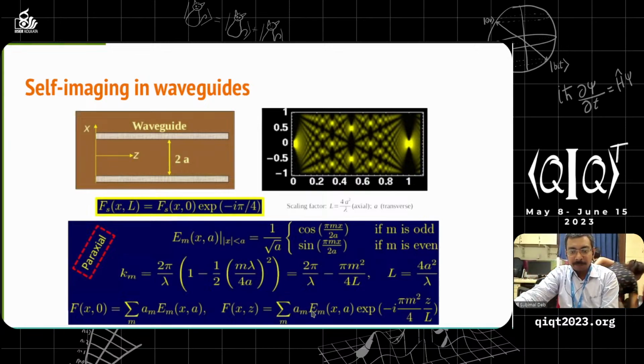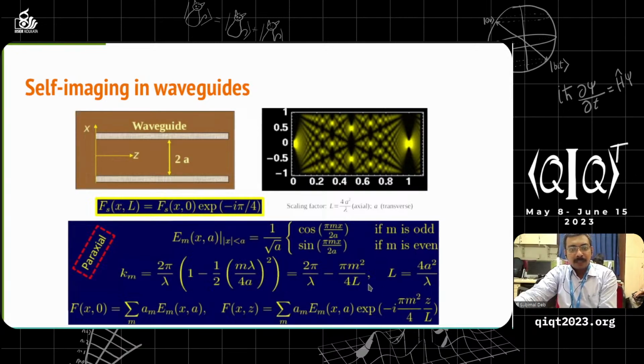They are the EMs. So you have EM, and each of them has a certain proportion, a weight factor AM, a certain proportion of that would be propagating through the waveguide. And as it propagates, each of these modes will collect a phase. Each mode collects a different phase.